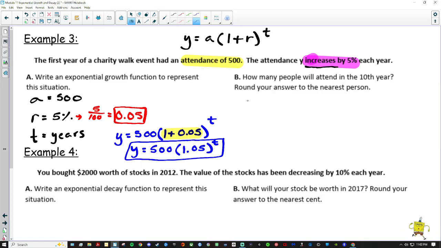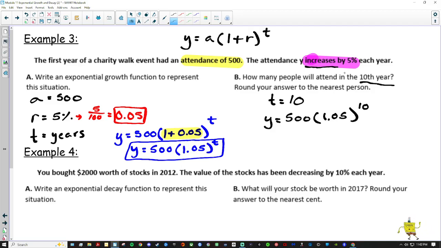Part B asks me how many people will attend in the 10th year. So that means year, this is our time. I'm going to plug in 10 for my time. So y equals 500 times 1.05 to the power of 10.